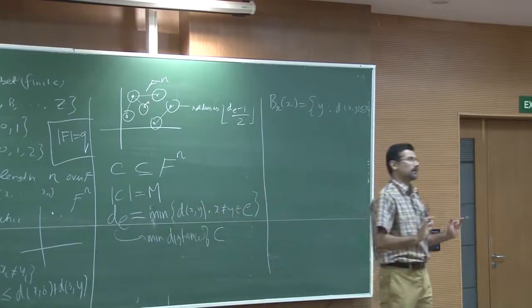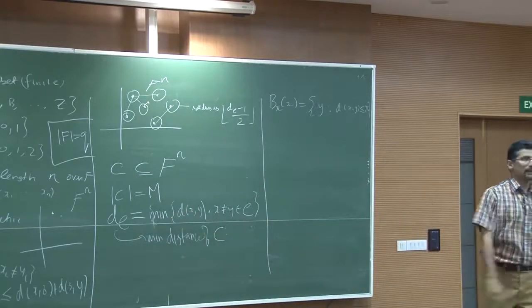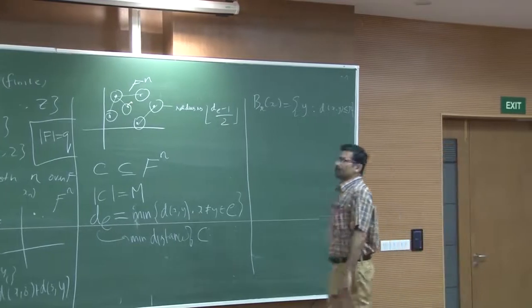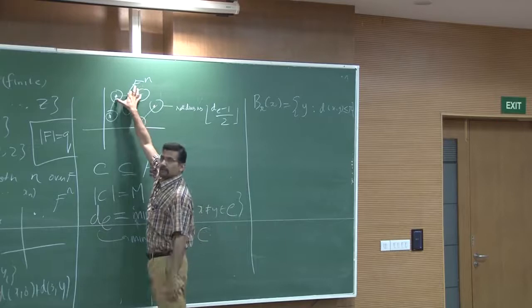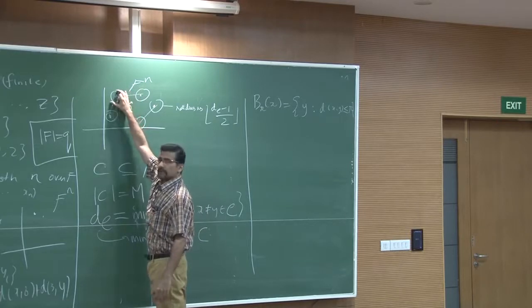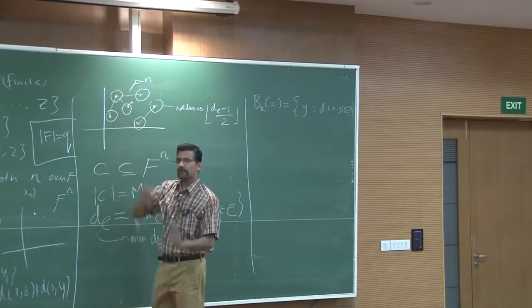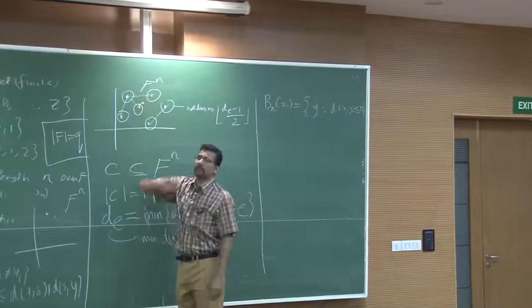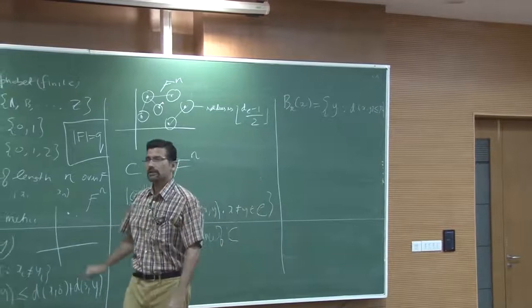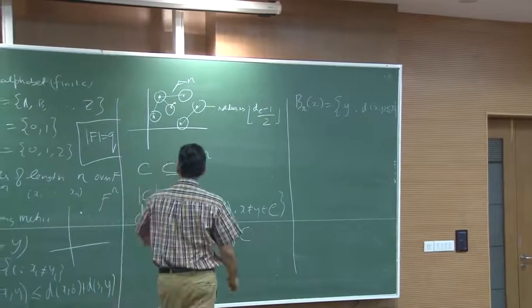Okay, this is the main idea. So what does it tell me? This d(C) is the minimum of these lengths. So my ball radius is less than half of d minus 1, so there can never be an overlap between these balls, thanks to the triangle inequality and the definition of d(C).